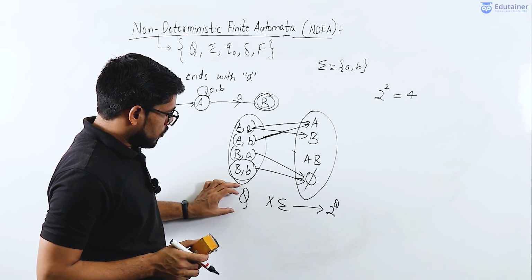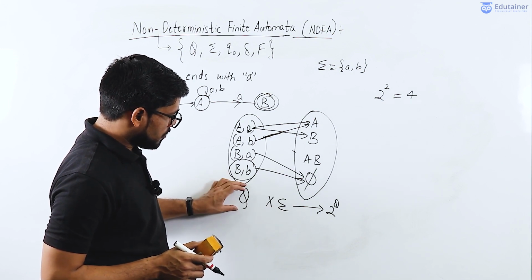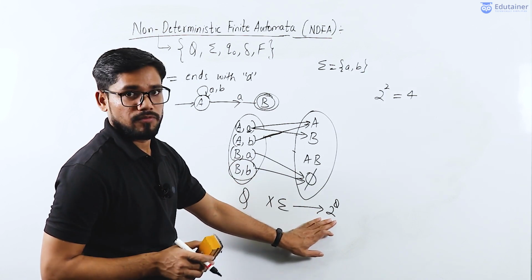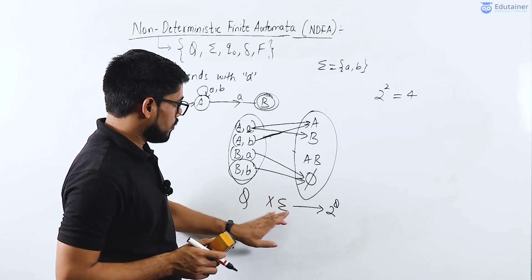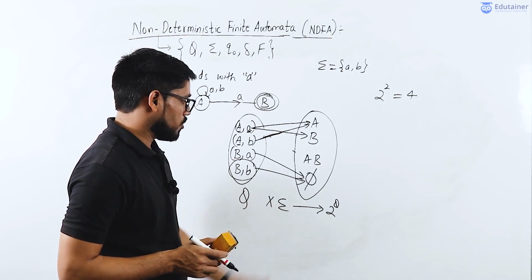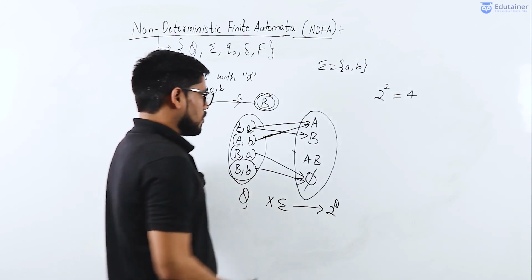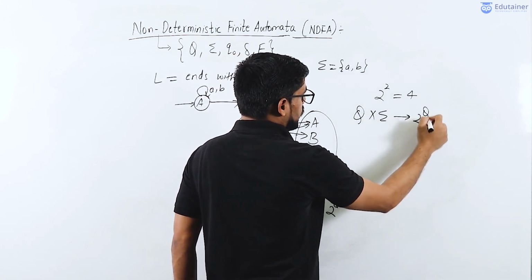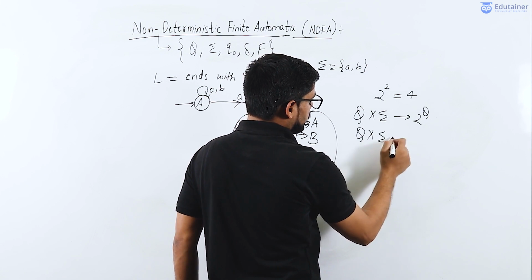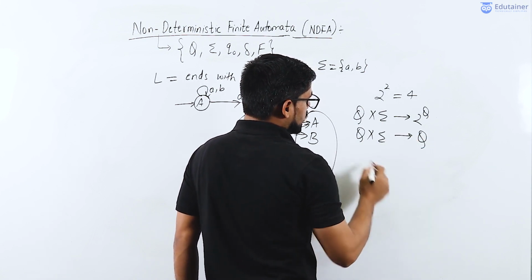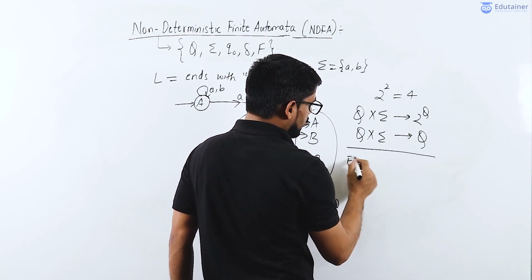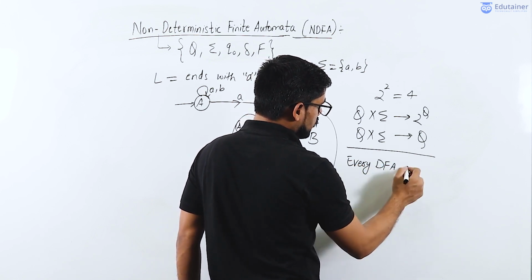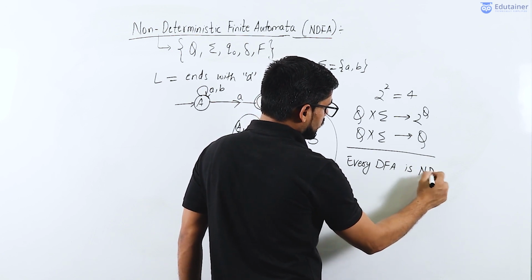So if you observe, in non-deterministic finite automata we have various possibilities for a state with some input alphabets. If you compare the transition function of non-deterministic and deterministic finite automata, you will see that every deterministic finite automata machine is a non-deterministic finite automata.